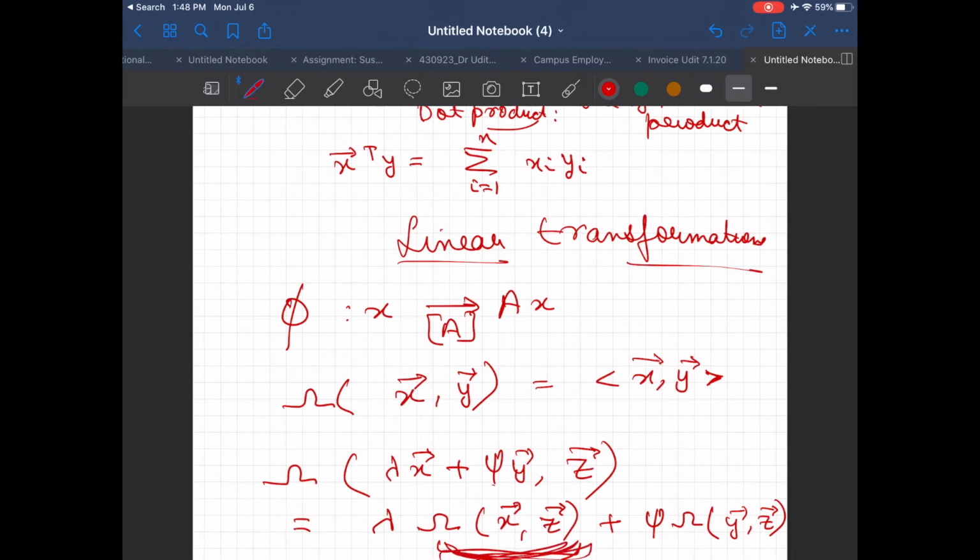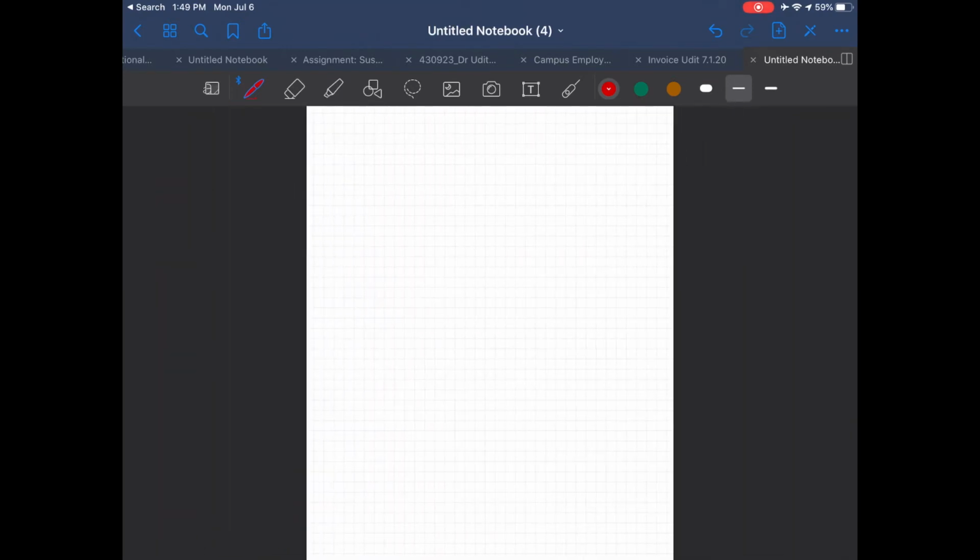And as long as this transformation abides by the properties of linearity, that means multiplying by a constant is allowed or adding two vectors of the same size is allowed, we would say that this transformation satisfies the property of being classified as a bilinear transformation.